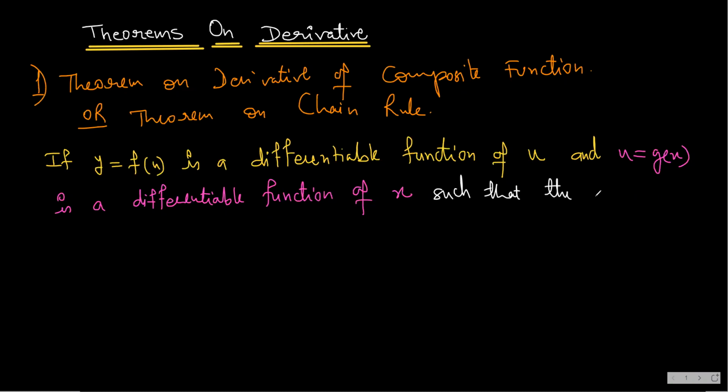the composite function. See, y equals to f of u, right? F of u, and what is u? U is g of x. So now here you will replace u by g of x. So you will get the composite function y equals to f of u, but don't write u anymore, right?